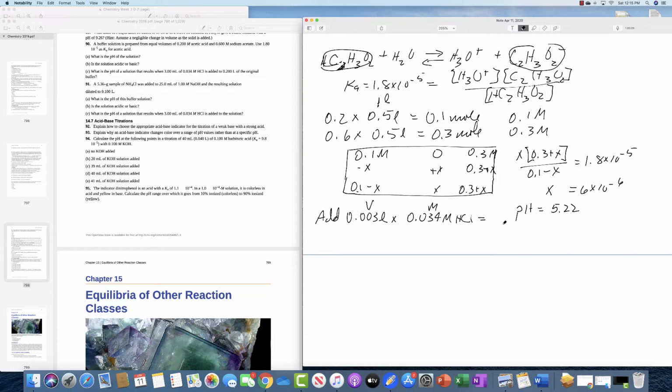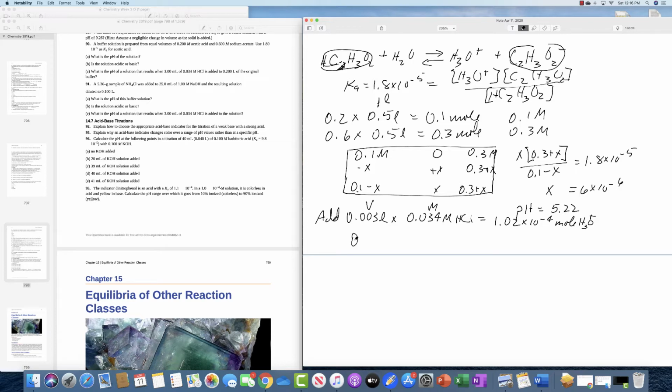This will tell us the moles, and that's 1.02 times 10 to the minus 4 moles of hydrogen, or H3O. And this amount will be added to this, because when you add here, it shifts the equilibrium this way. It subtracts this amount from this and adds it to this.